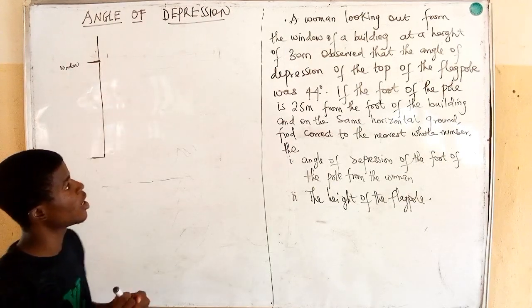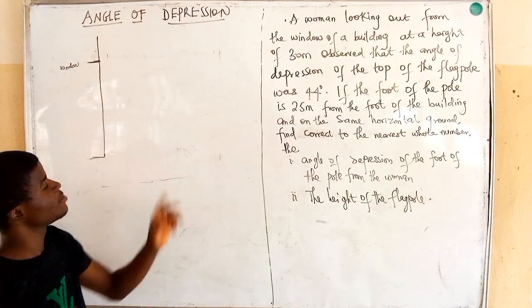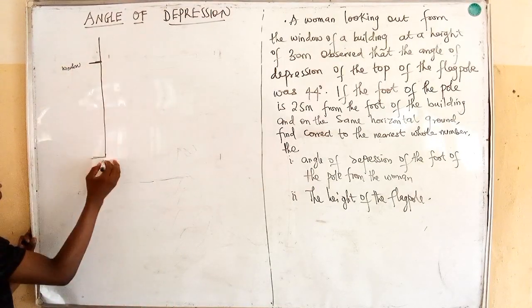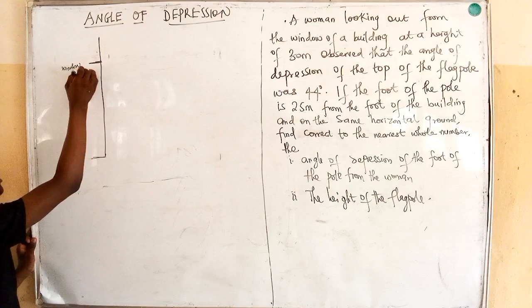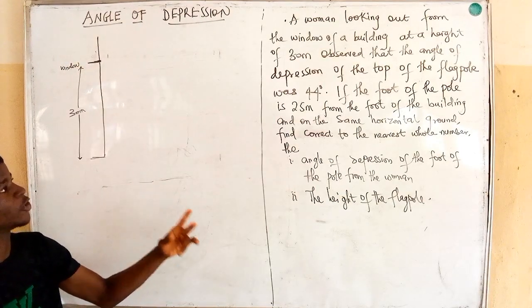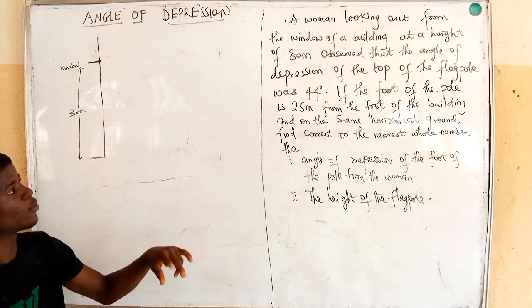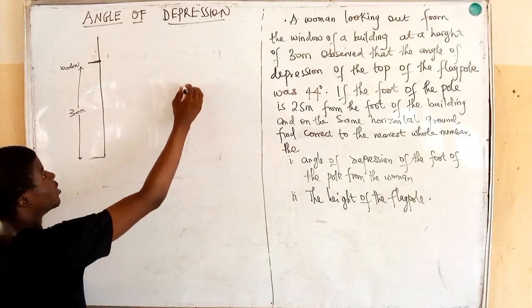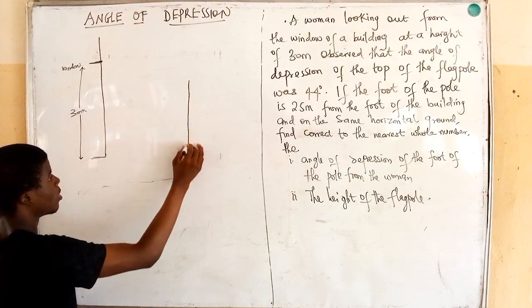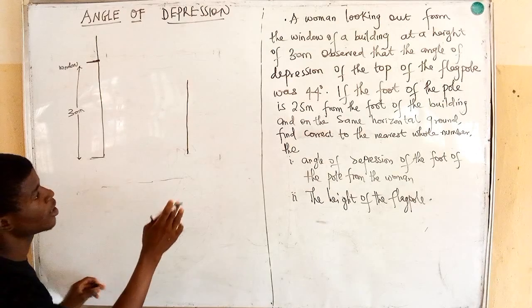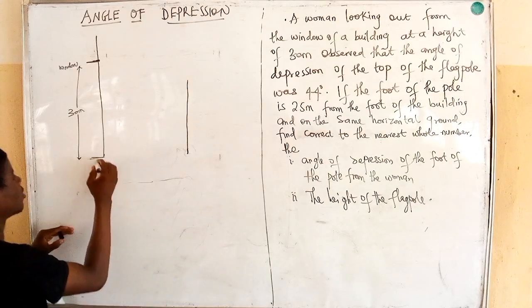And the question says that the height is 30 meters. It means that from this window to the base of the building is 30 meters. And so she observed that the angle of depression of the top of the flagpole was 44 degrees. Now, she was actually looking at a flagpole. This is the flagpole. And the flagpole, like we have said, is on the same horizontal ground as the building.